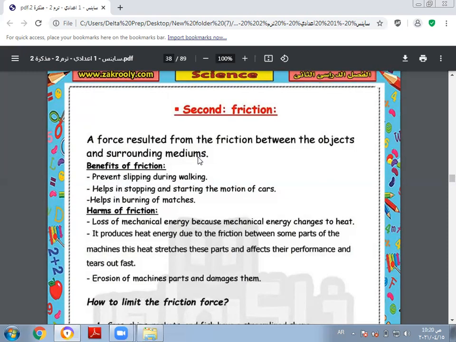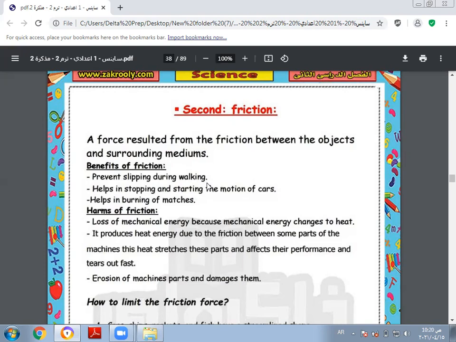The relation between friction force and the speed is inverse. That means by increasing the friction force, the speed of the object decreased. What is the example on the friction force? The example is the friction between the tire of the bicycle and the brakes.